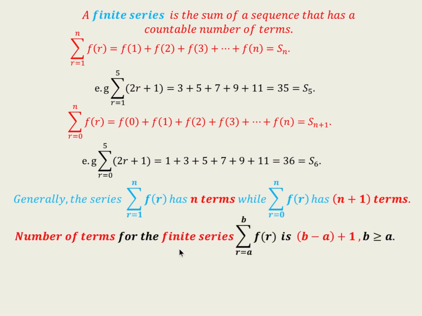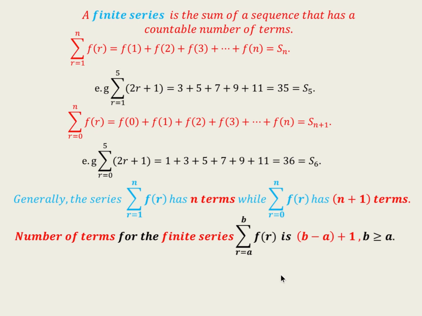The number of terms for the finite series summation from r equals a to b of f of r is actually b minus a plus 1, where b is greater than or equal to a. So we note that generally for a series that is written in sigma notation, the upper limit is always equal to or greater than the lower limit.